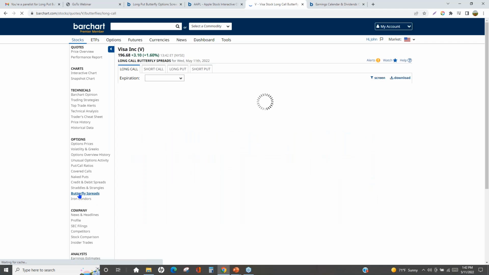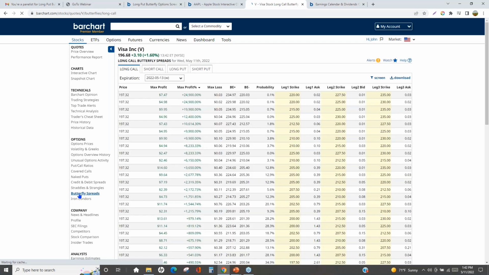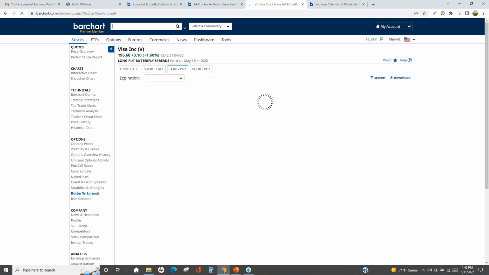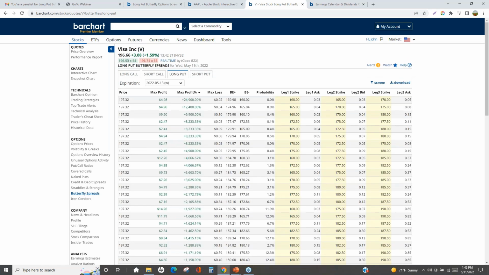So there's 4 butterfly spreads that we have, and today we're talking about the long put. John was in this page at one point, I believe on the Apple stock. So this is one way you can select your expiration. John, go ahead and get out of the weekly and maybe choose a monthly expiration.